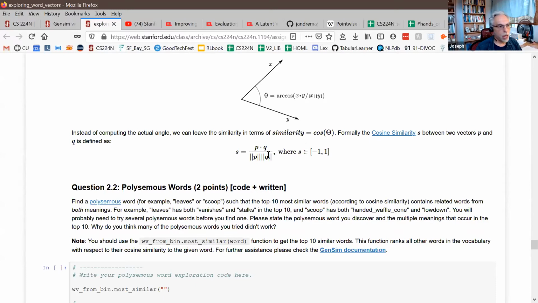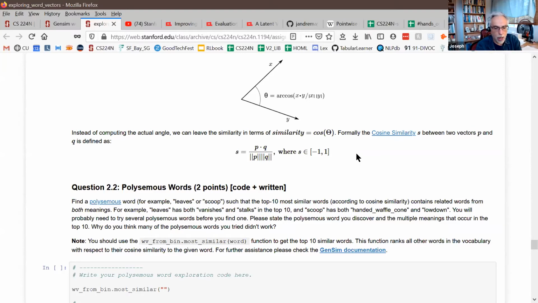You can turn that around and solve for the cosine. The cosine of the angle between two vectors is the dot product of those two vectors divided by the product of the lengths of those two vectors, and the cosine lies in the interval -1 to 1. So this is the formula for cosine theta, and that is called the cosine similarity.